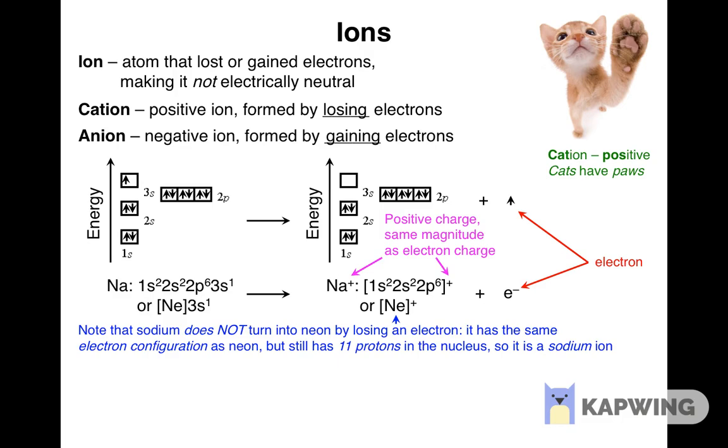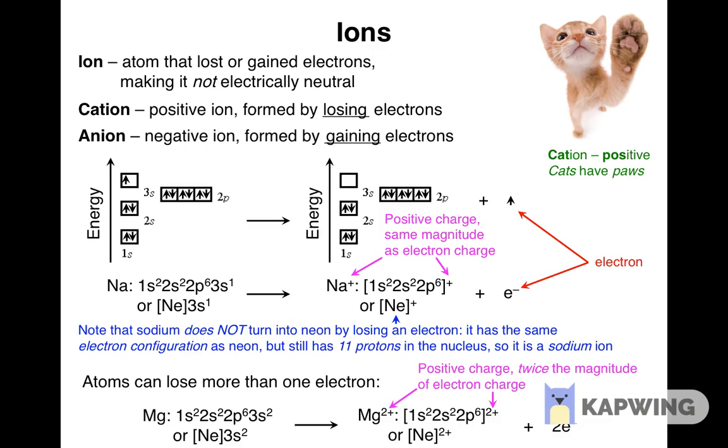If a magnesium atom, atomic number 12, loses its 2 valence electrons, it becomes a magnesium 2 plus cation. The superscript 2 plus indicates that the ion has a positive charge equal in magnitude to twice the charge of an electron.